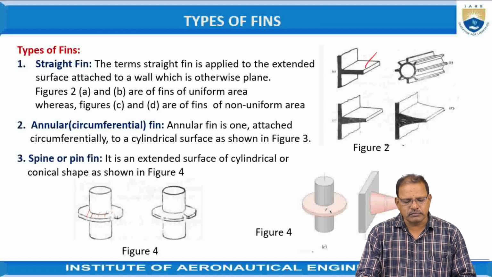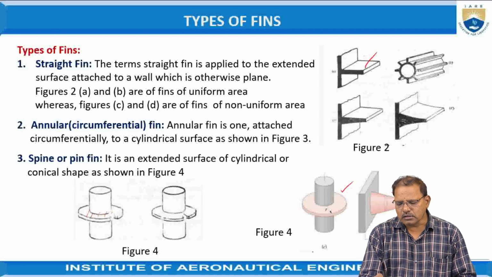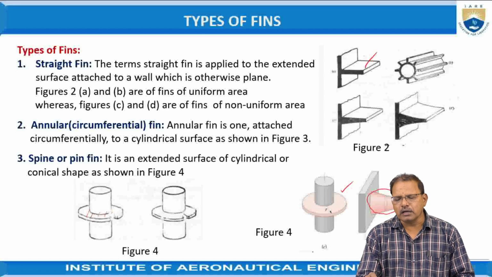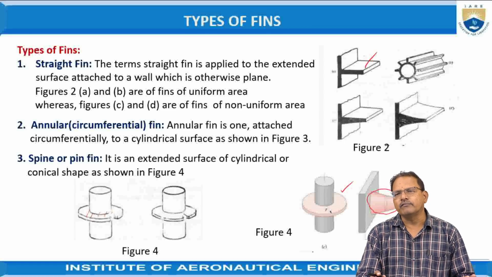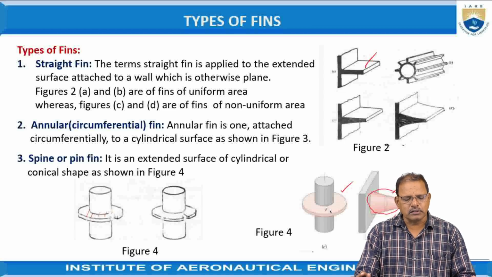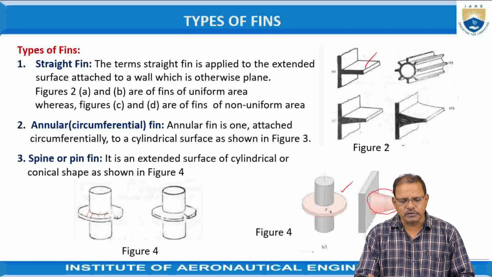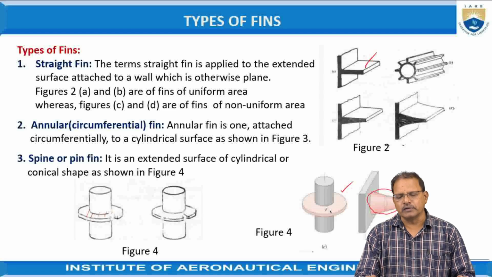It is an extended surface of cylindrical or conical shape, as shown in the figure. It may be in the form of a cylinder, a cone or a truncated cone, extended from the flat surface. That means depending on the geometric shape of the fins, these are classified as straight fins, annular or circumferential fins, or spine or pin fins.